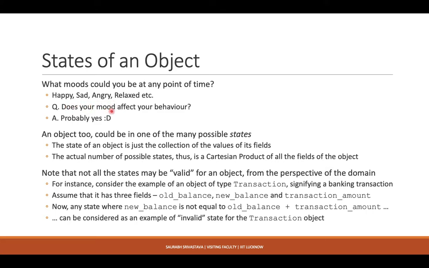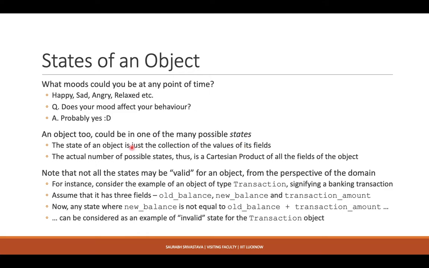Well, yes, probably yes. So based on the different moods that we have, our behavior is different. So this is in some way an analogy to what the state diagram is trying to show, that you have an object in your system, and this object, based on the different states that it has, its behavior is probably different. And what exactly do we mean by the state of an object?